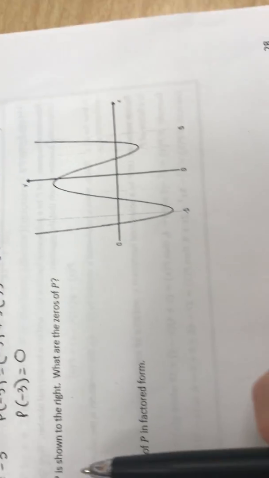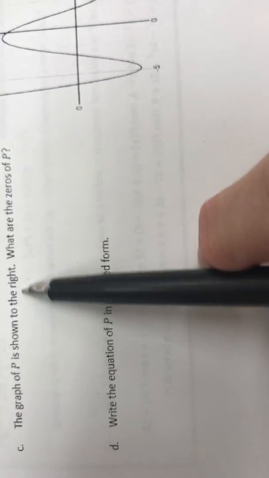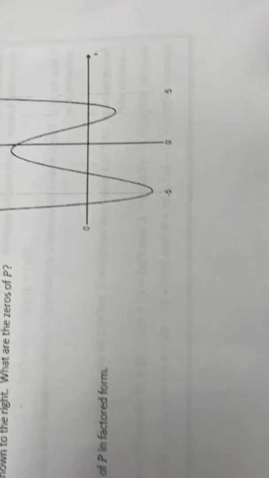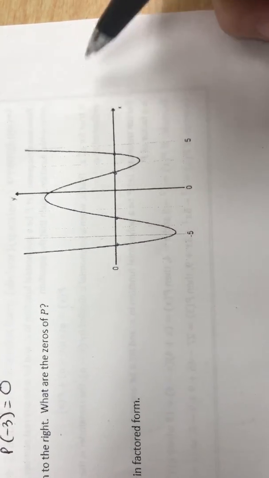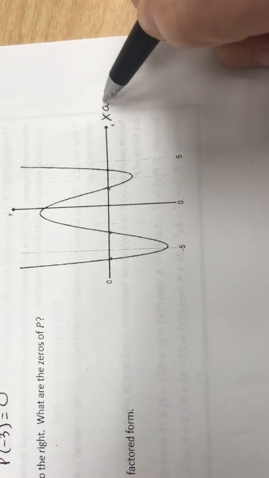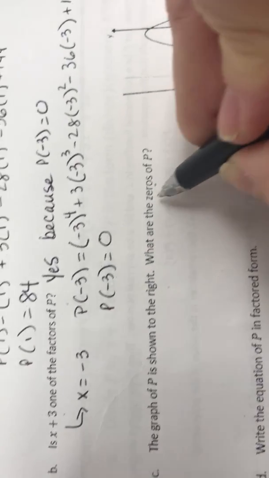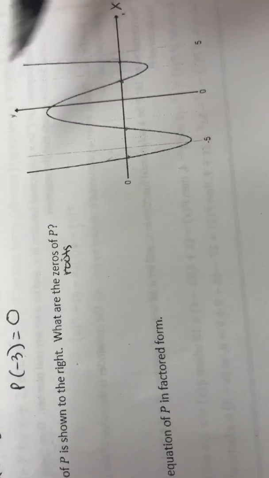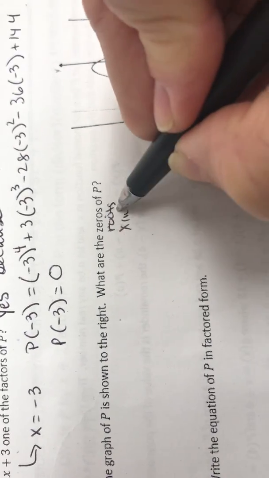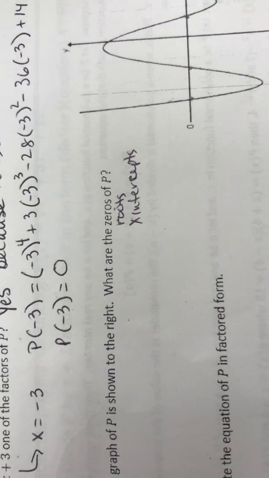Okay? So the next part of this is the graph of P is shown to the right. What are the zeros? Well, the zeros are where it crosses the x-axis, because we said another word for zeros were roots. That's where it's rooting into that axis, or x-intercepts, or solutions, right?